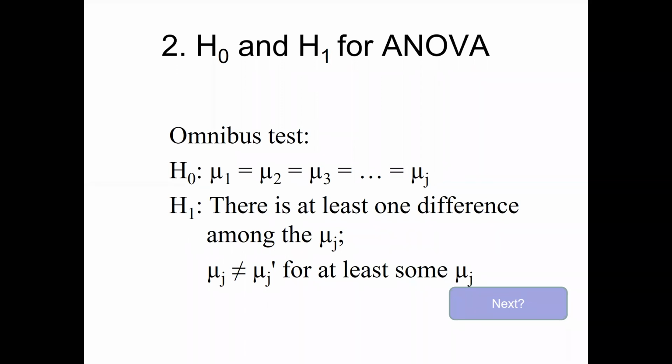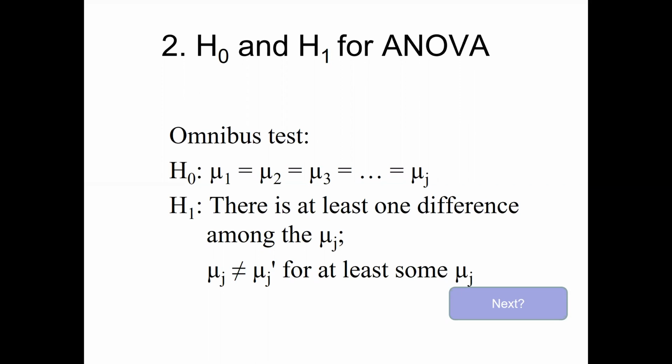It's not that unusual to see someone write a null hypothesis in ANOVA as a written statement, which is that there's no difference among the means, or the mean for the first group, mu for the first group, in hypothesis language, you use the population parameter notation, is equal to mu for the second group, is equal to the mu for the third group, on and on through the mu for the jth group.